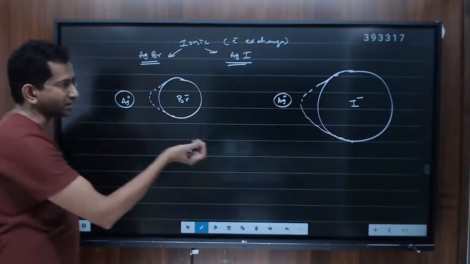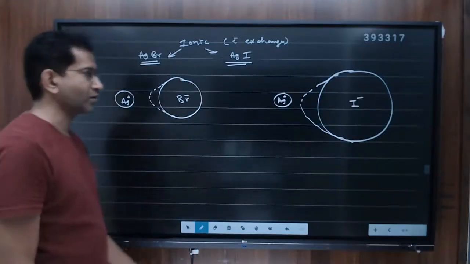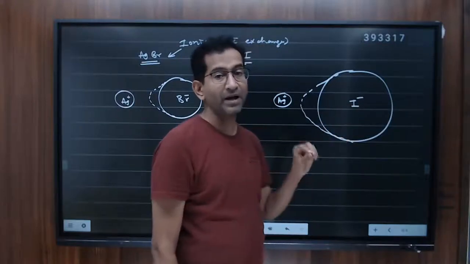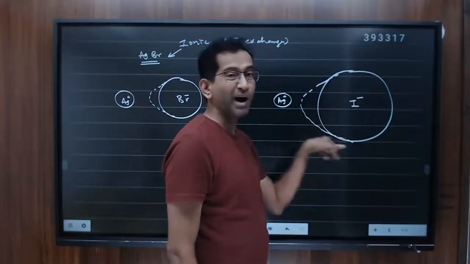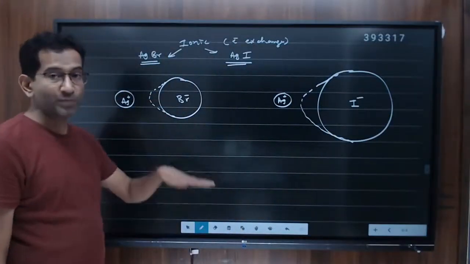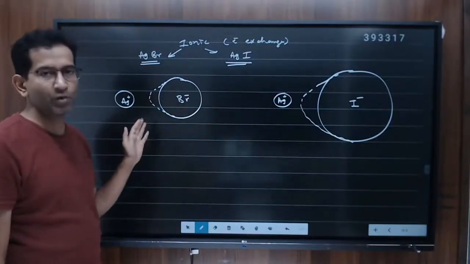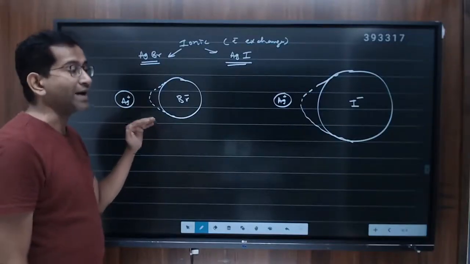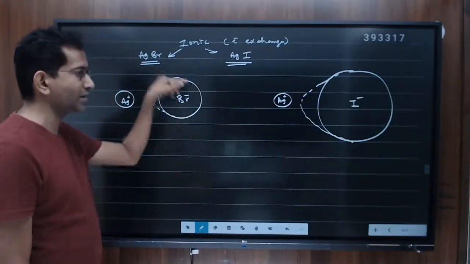Now can you find the difference between these two? I- being larger in size will be a little less efficient to provide attractive force over the boundary electron cloud as compared to Br-. You can say it in reverse: Br-, being a little smaller in size as compared to I-, can provide a better attractive force over the boundary electron cloud.